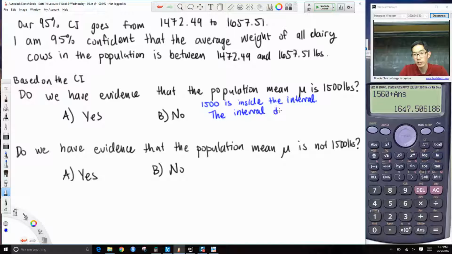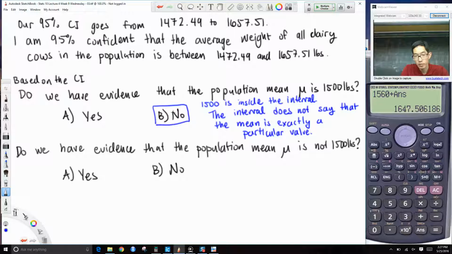The interval does not say that the mean is exactly a particular value. So we would say no here.